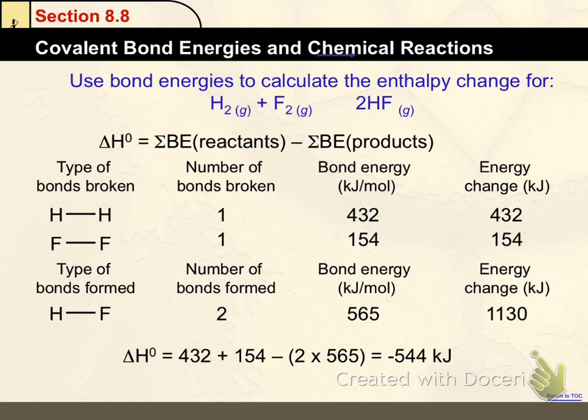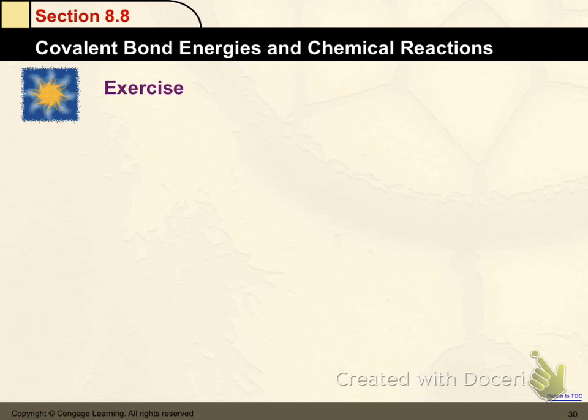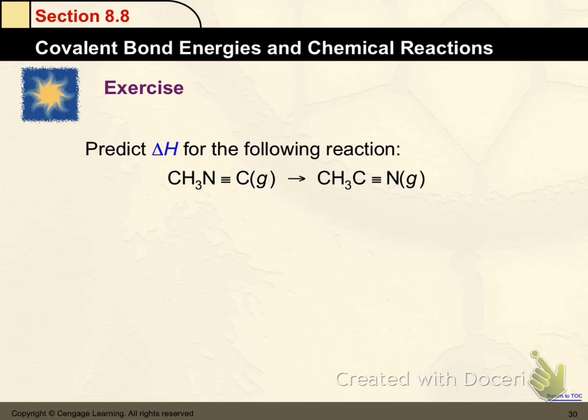There you go. Pretty cool stuff. If you look in the back of the book, I actually believe that delta H of formation for 2 moles of HF is actually negative 542. So they're pretty darn close, 544 and negative 542. Pretty close stuff.